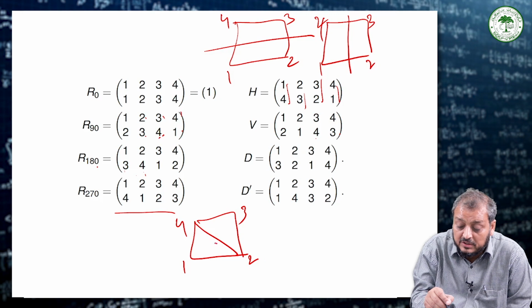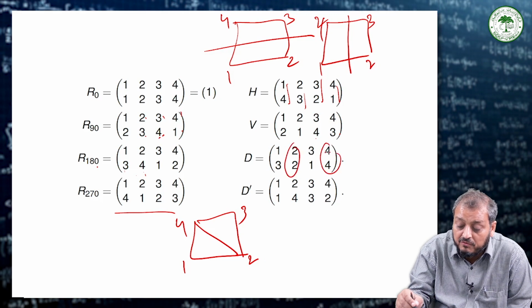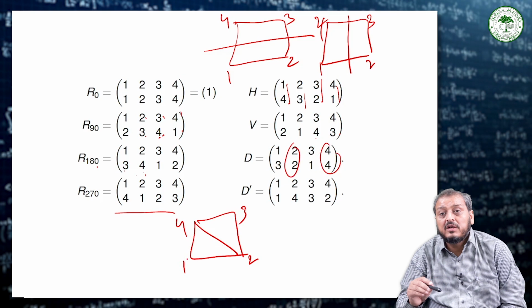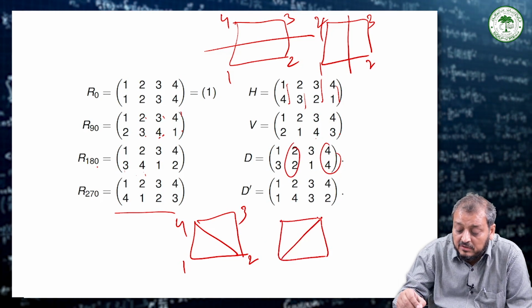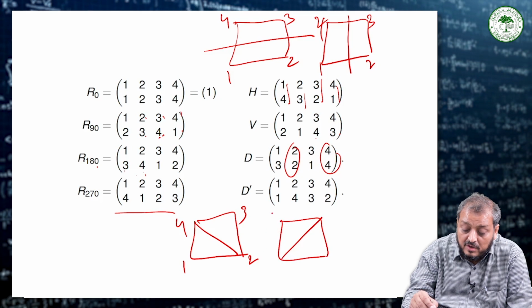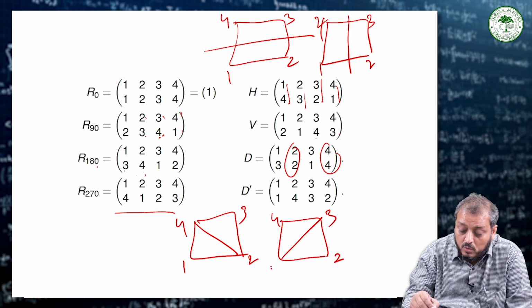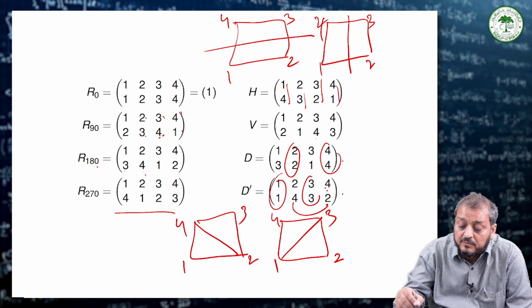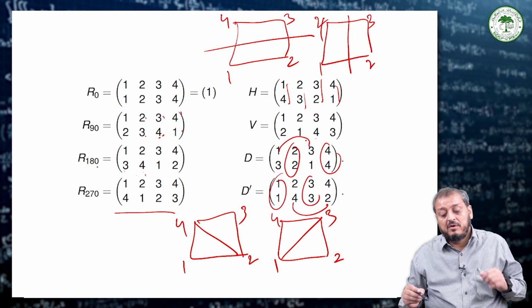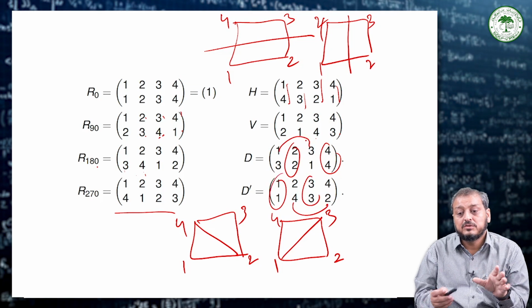So we can say that 2 and 4 are fixed, and then 1 and 3 are reflected. And then in the other direction, this diagonal, we have 4 3 2 1, where 1 and 3 are fixed, and 2 and 4 are the ones changing position.